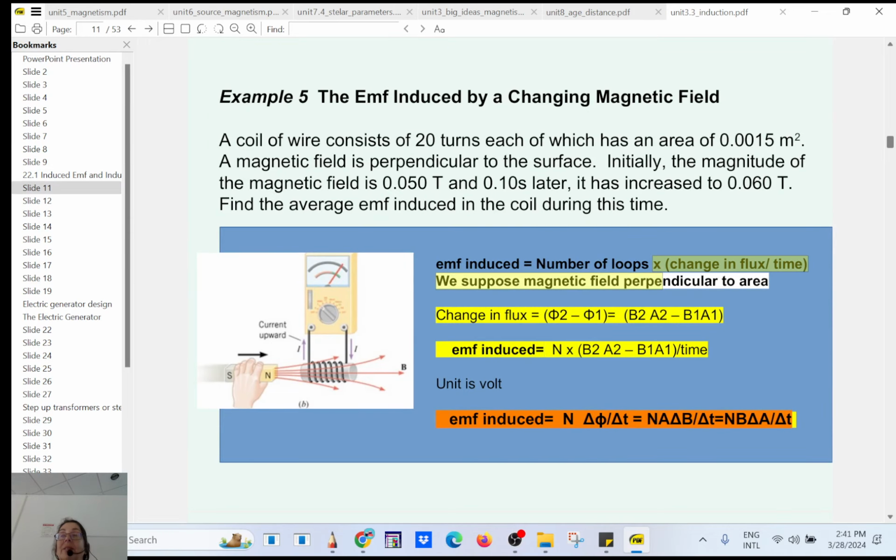So what's the equation? The EMF induced will be equal to the number of loops times the change in magnetic flux. And the magnetic flux is the number of lines poking through this area. So that will be the equation that you want to use, okay?